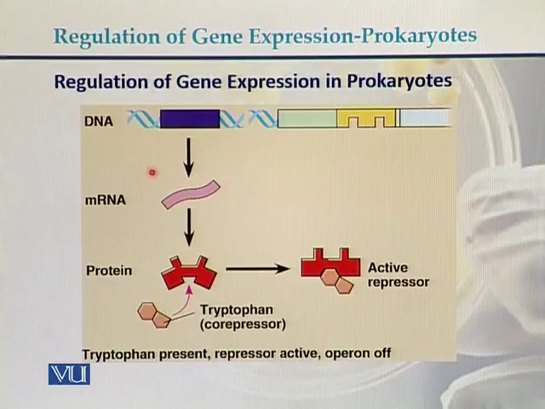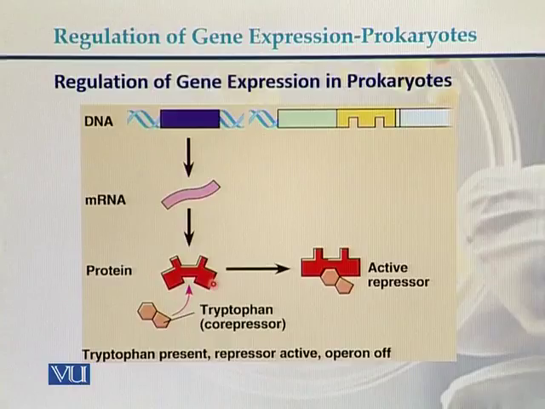Here we can also see on the DNA that there is a separate gene that produces the messenger RNA, which produces a regulatory protein. If there is tryptophan as a co-repressor, due to this tryptophan co-repressor, the repressor becomes active.